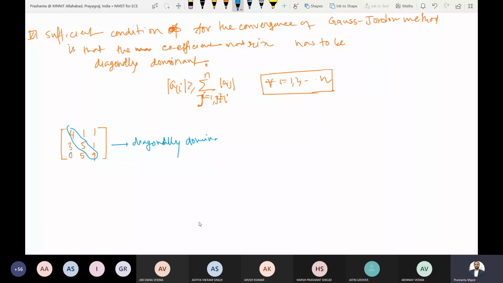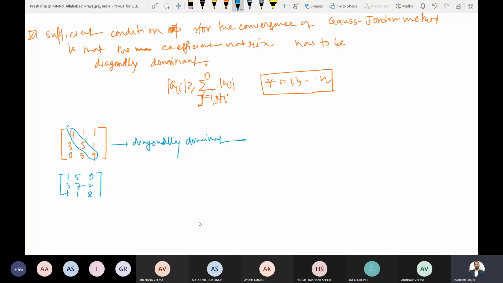What about this one? 1, 5, 0, 3, 7, 2, 1, 1, 8. Is it diagonally dominant? Yes, sir. How is it diagonally dominant? The second one. What is A11? A11 should be greater than or equal to the sum of the other elements in that row. A11 is 1. 1 cannot be greater than or equal to 5 plus 0.